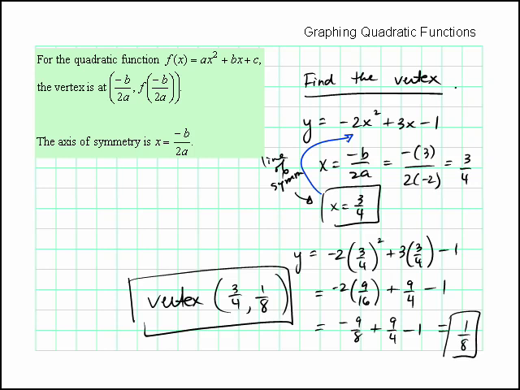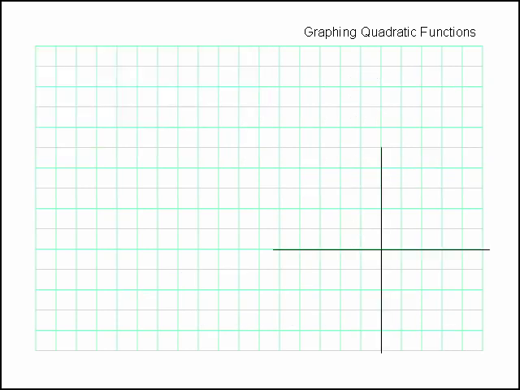Okay, now we're ready to graph a couple parabolas. As our first example, we will graph f of x, or y, equals x squared minus 6x plus 5.